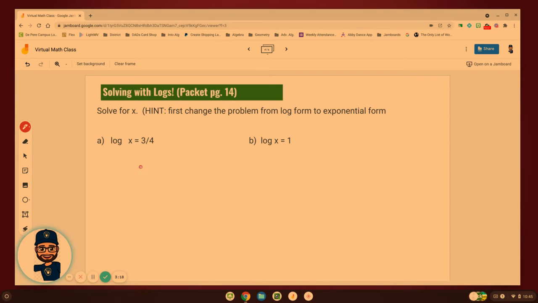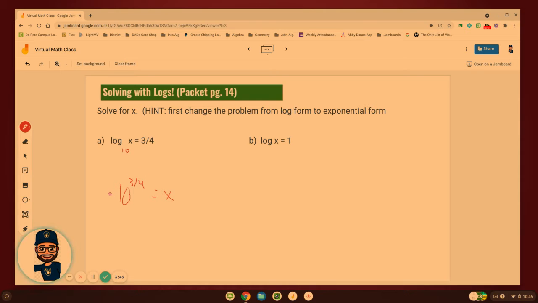So as you solve for x, say the log of some x is 3/4. We first should change the problem from log form into exponential form, just like we did on that warm-up. I don't have a base here, so this is base 10, which means 10 to the 3/4 power equals x.